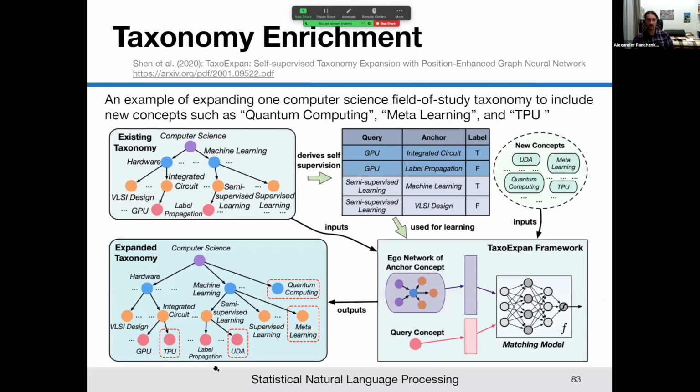And another article on this taxonomy enrichment was published at the beginning of this year. This is a similar idea: you have some taxonomy, let's say a taxonomy of computer science, and the authors generate training examples from this taxonomy as pairs of two things. First is the ego network of anchor concepts, and then there is a query concept.